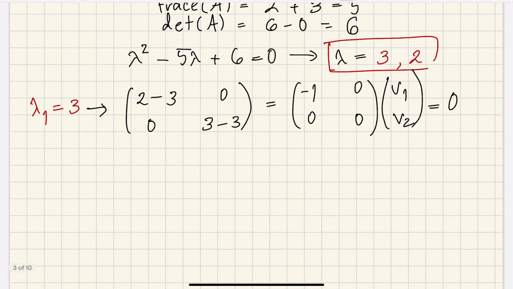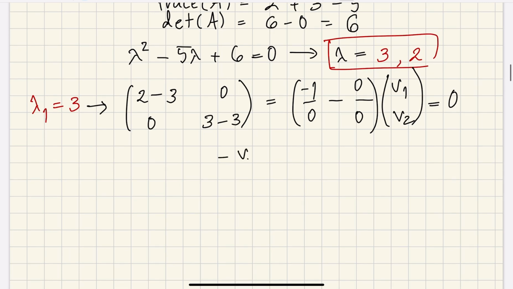Performing row operations on the first row, you get negative v1 plus 0 v2 is equal to 0. So this basically tells us that v1 is equal to 0. Since we don't have any way to find v2, we can see from here that v2 can be anything.